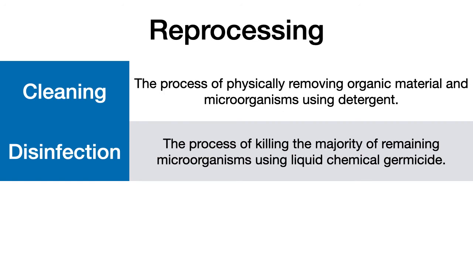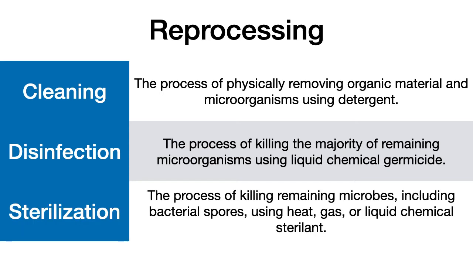Disinfection is you kill the majority of the organisms using a liquid chemical germicide. In disinfection, you do not get rid of the spores, but you get rid of the microorganisms, bacteria, most of the viruses except for an occasional one.